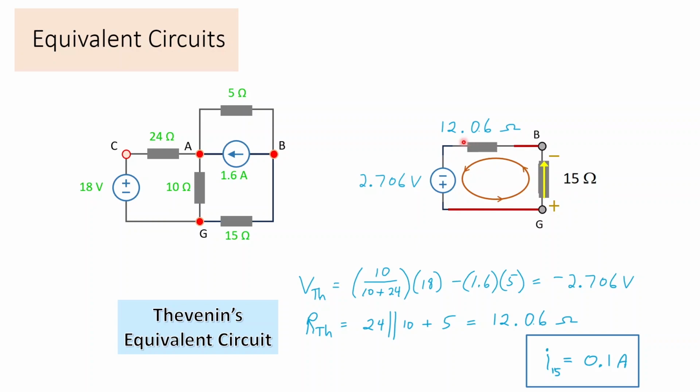We have 15 plus 12.06 in series, that's 27.06 ohms, and so the current is 2.706 volts divided by 27.06 ohms, that's 0.1 amps. So we found the current in the 15 ohms very quickly with just one equivalent circuit.